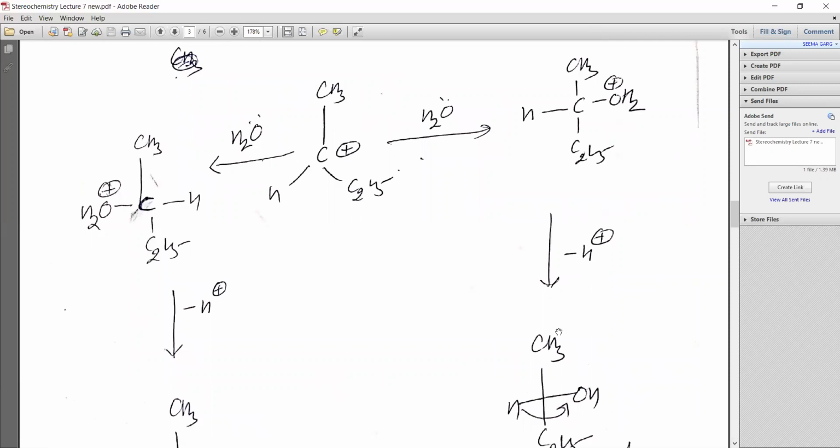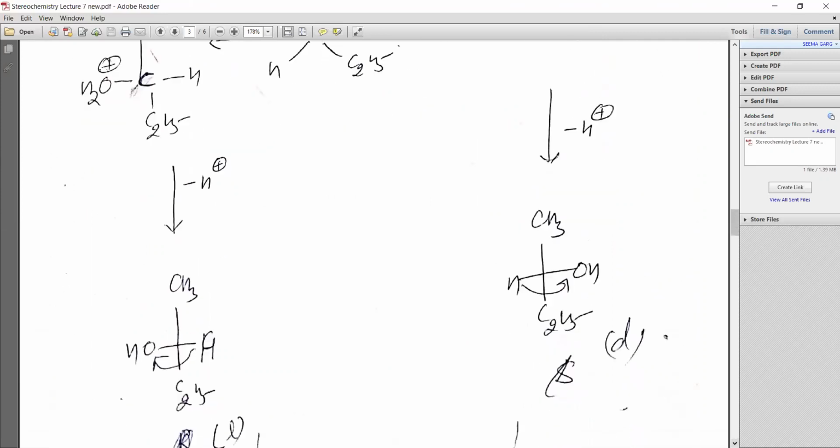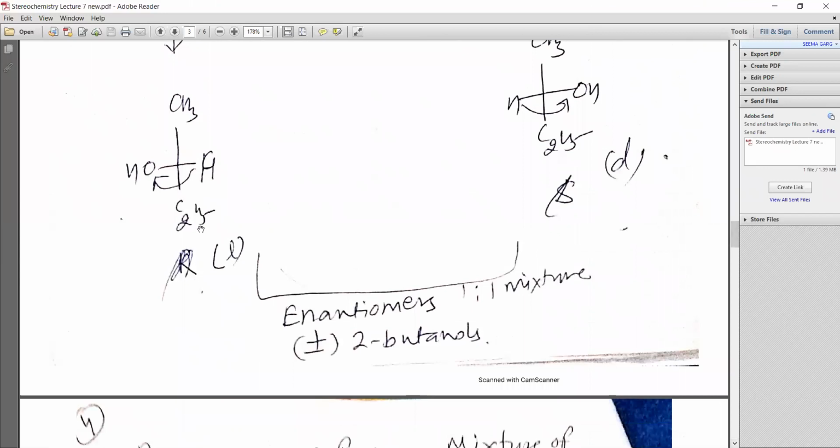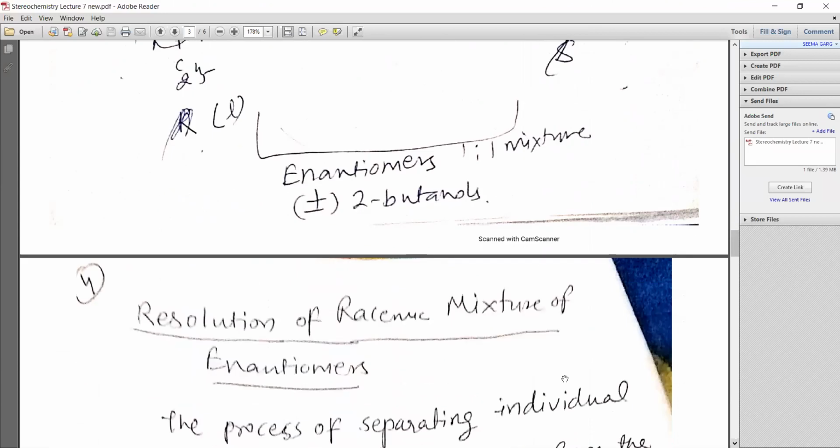So after reaction, we are getting two types of product, dextro and levo, and this enantiomer mixture is a racemic mixture, means it is plus and minus 2-butanol, and it is optically inactive.